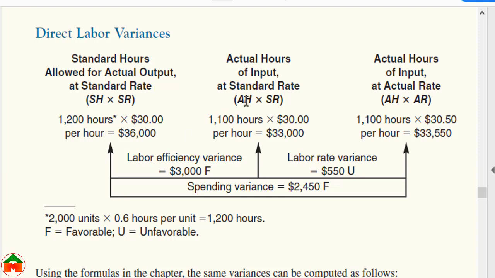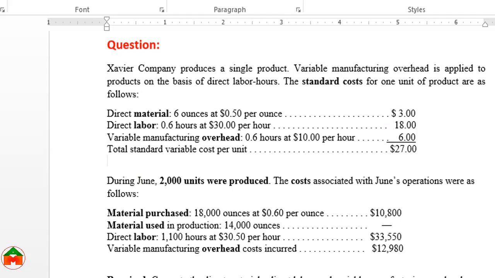And here the actual hour. From the question we can see the direct labor hours are 1,100 hours. So this is the actual hours. Already we are aware that these are the information for actual activity.